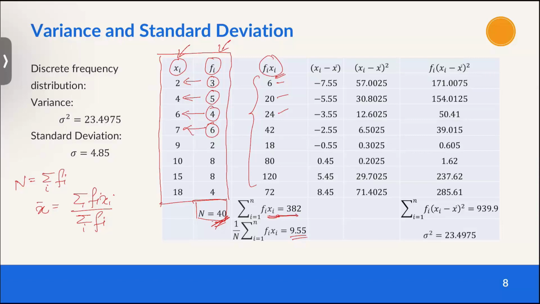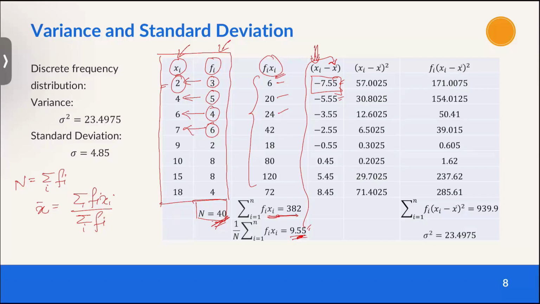Now this mean is required over here. We will require the mean over here. So 2 minus 9.55, sorry, this is not 6 minus 9.55. It is xi minus x bar. So xi is these values, right? So 2 minus 9.55 is minus 7.55. 4 minus 9.55 is minus 5.55 and so on.